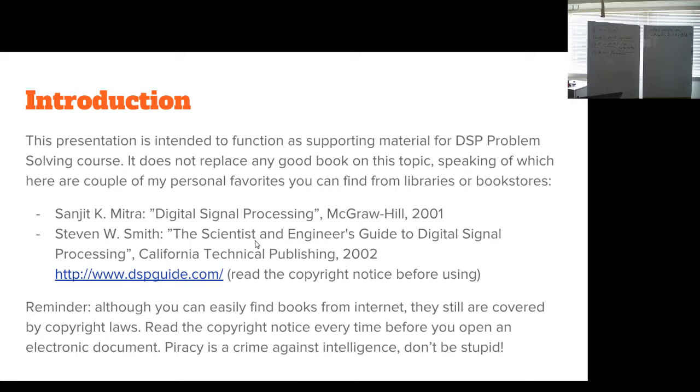So just read the copyright notice to know where you can use it. That basically covers all the parts too. All right, so what happened here? Oh.